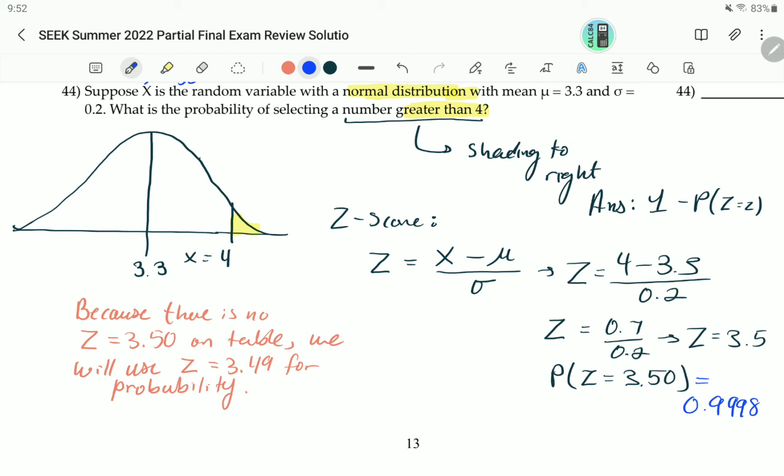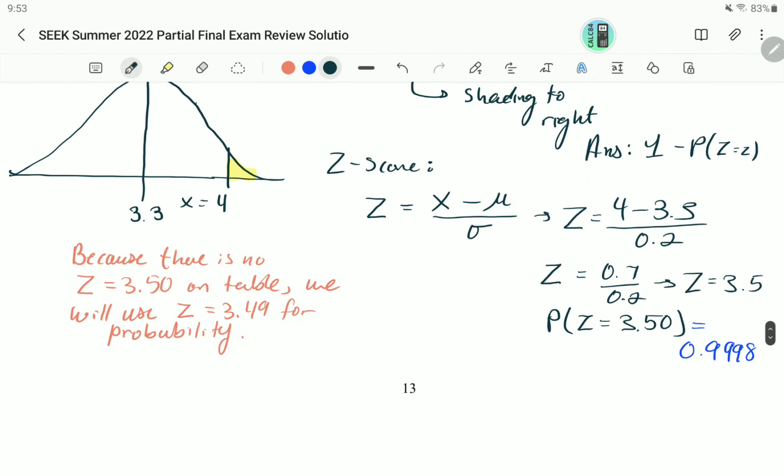So this equals 0.9998. But remember, this is shaded to the right. So to find the probability that x is greater than 4, that is going to equal 1 minus the probability of the z-score, which is 0.9998.